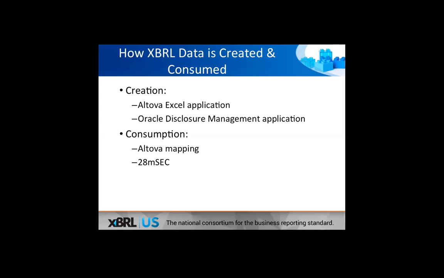So a CPA firm or a contractor develops their work in process in Excel, and they'll be able to use this add-in to automatically generate the XBRL document that then could be sent on to the sureties.